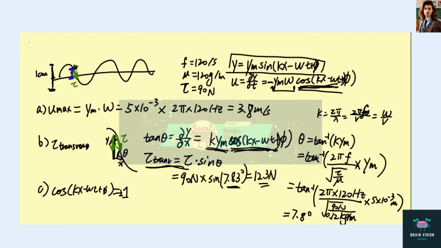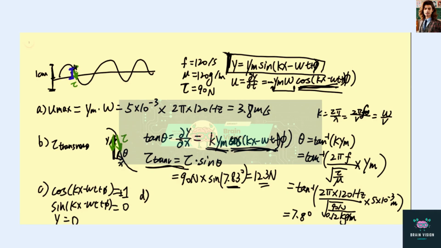When cosine equals plus or minus 1, we know that sine(kx minus omega t plus phi) will be equal to 0. y equals, again, y_m times sine of something equal to 0. So for part C, the transverse displacement y will be 0.